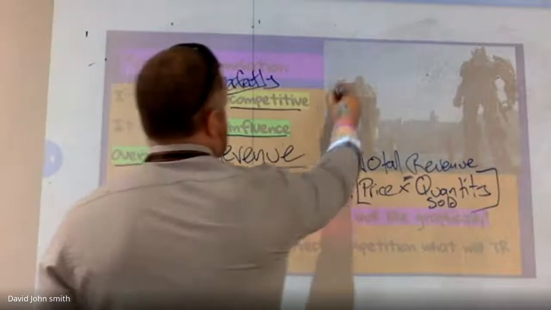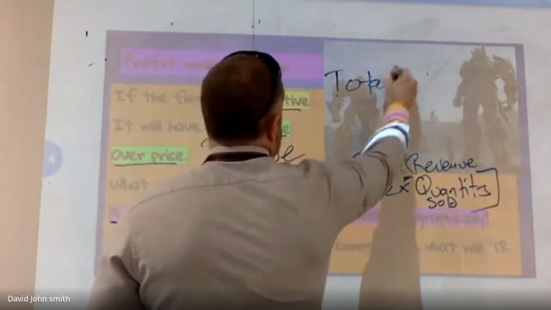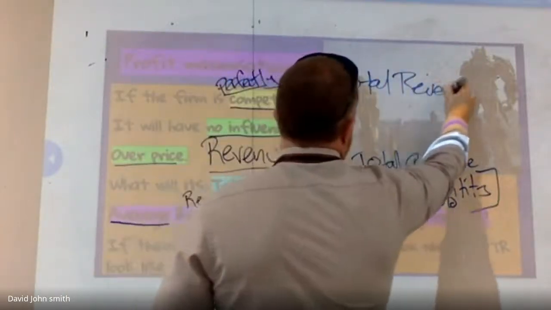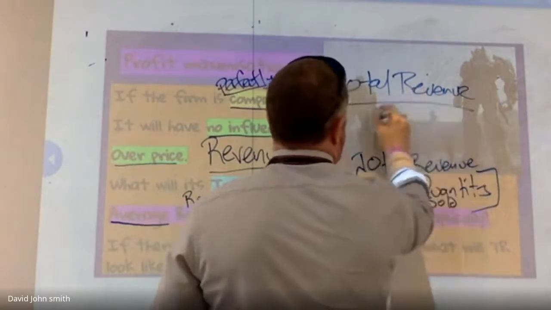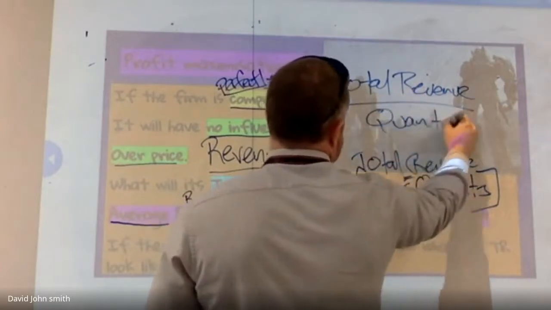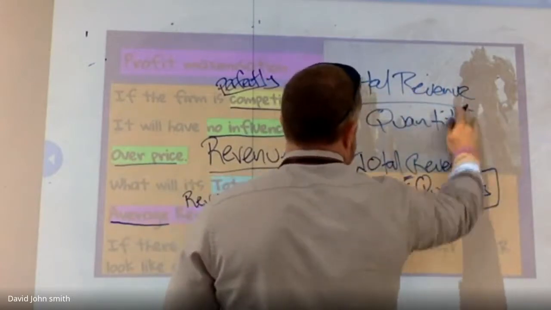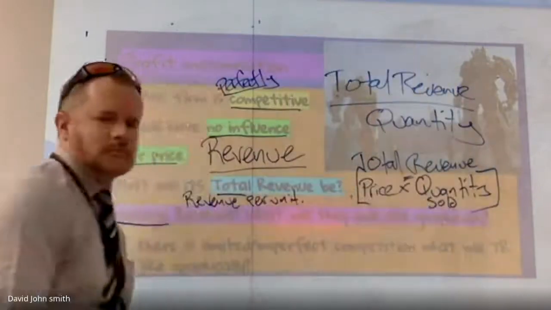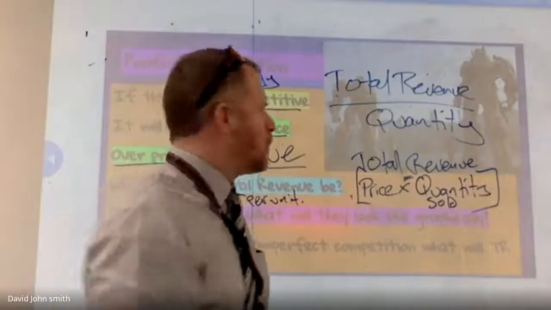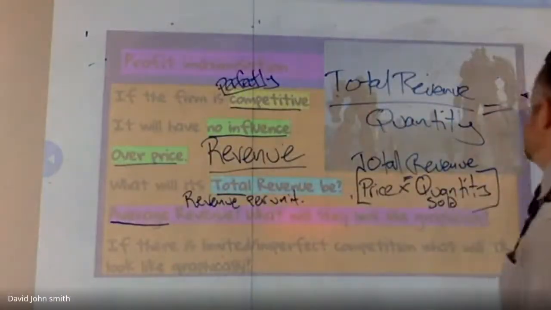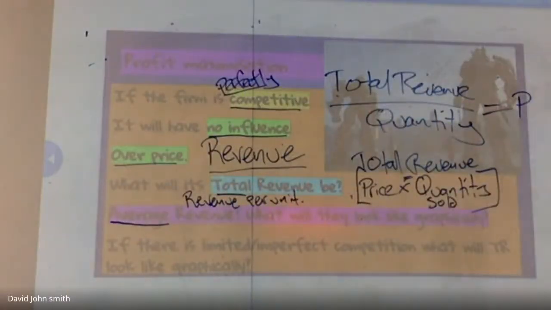It will be total revenue divided by quantity. That's just equal to the price. Rockstar, well done. Absolutely right. It equals the price.